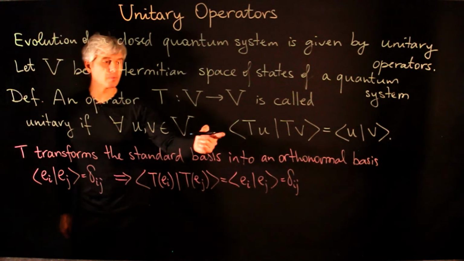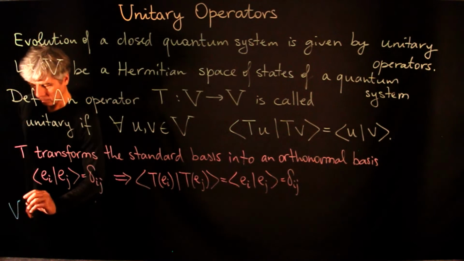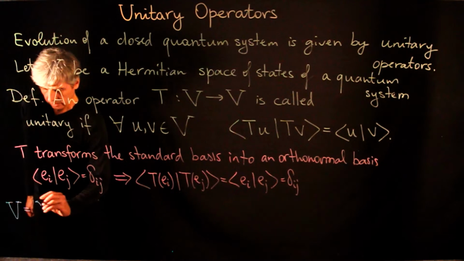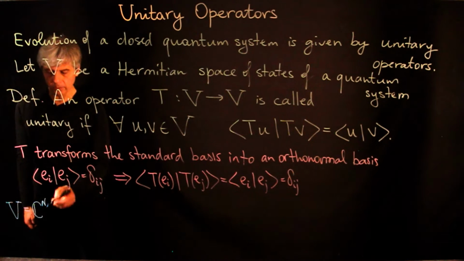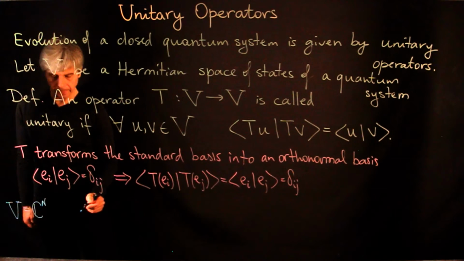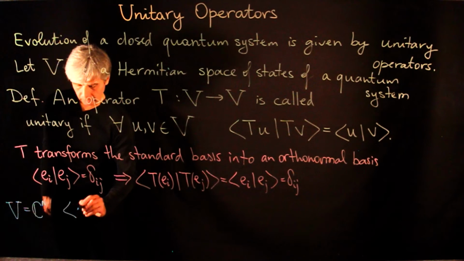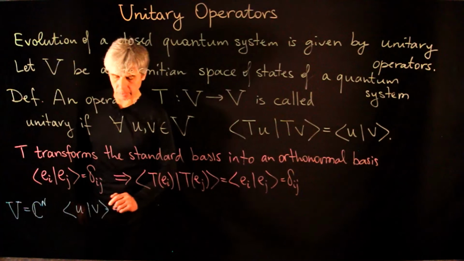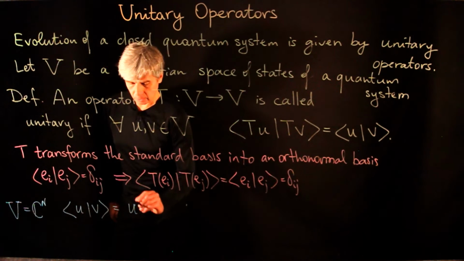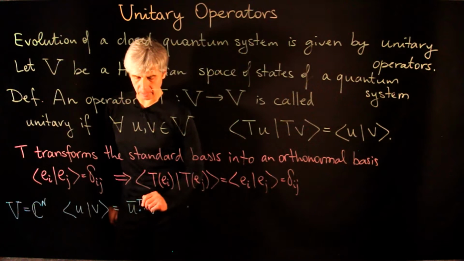Now let us see what this condition tells us for the case of V being the n-dimensional complex space with the standard Hermitian form. This Hermitian form is given by (u, v) equals u bar transpose times v.